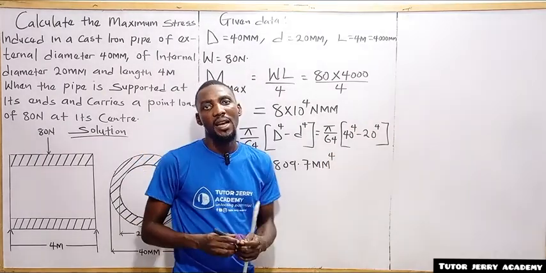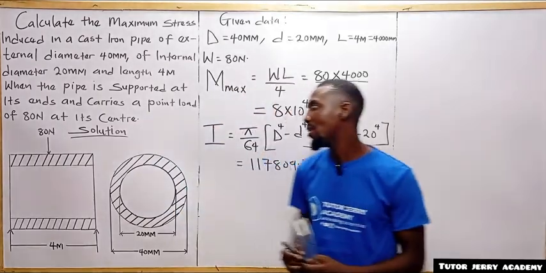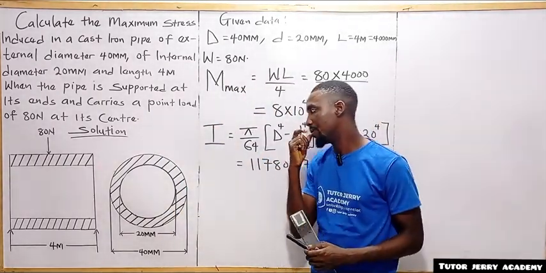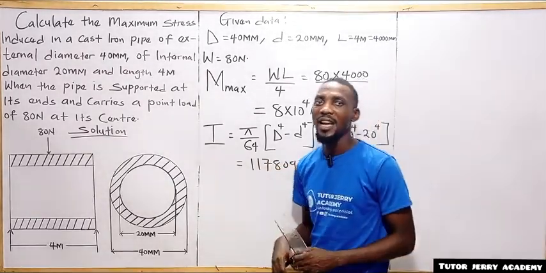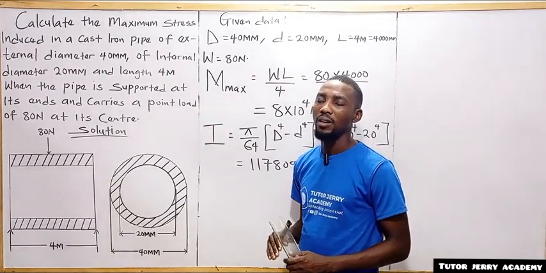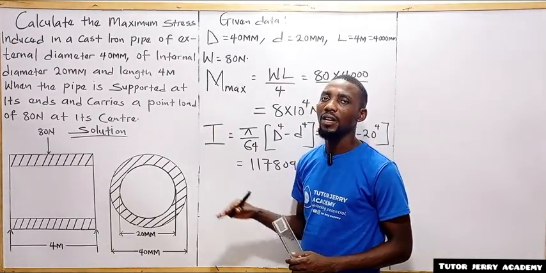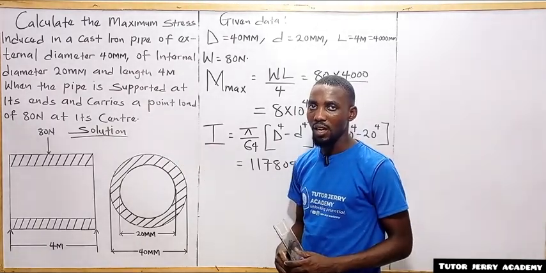All right, the next thing we are going to calculate here is the distance from the neutral axis to the outermost part of this section.